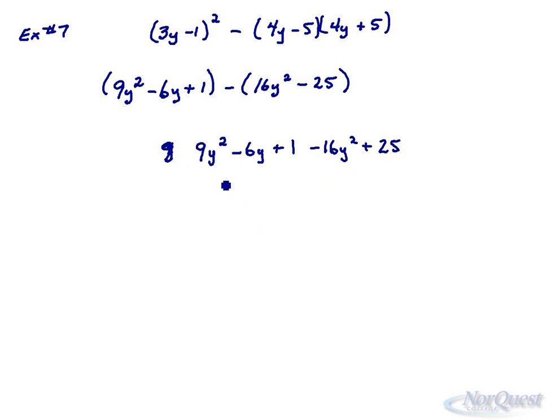And now collect like terms. 9y squared minus 16y squared should give me negative 7y squared minus 6y, 1 plus 25 to give you 26. Simplifies to a trinomial. There's our two special cases, perfect square and difference of squares, to simplify our expansion.